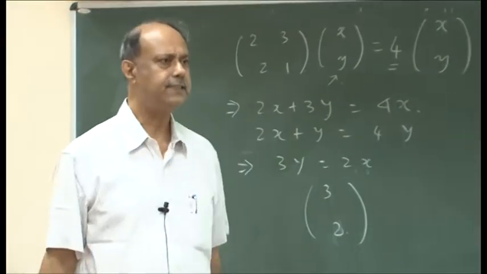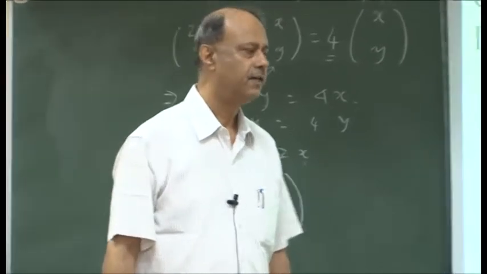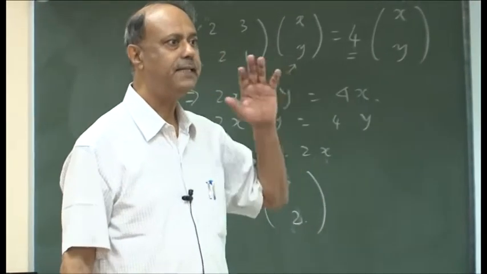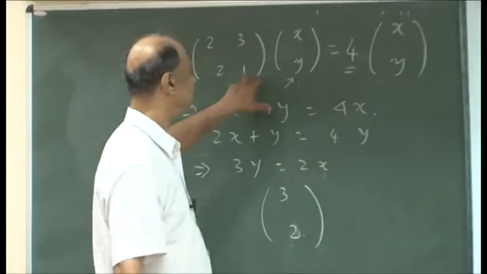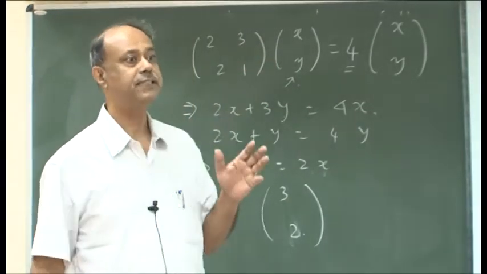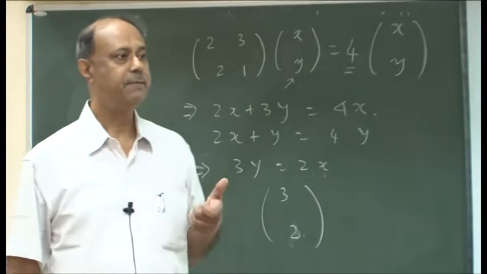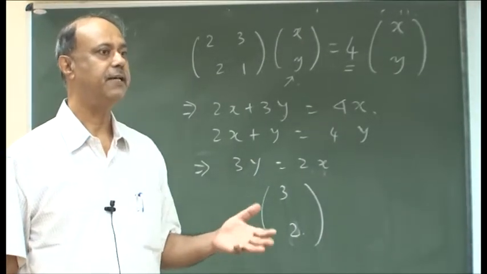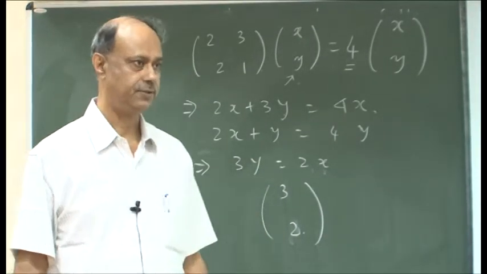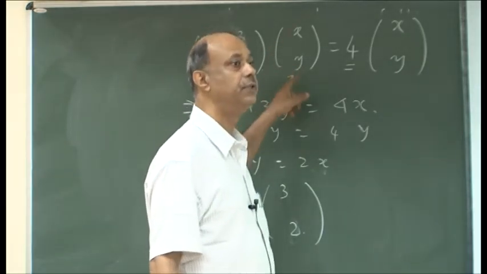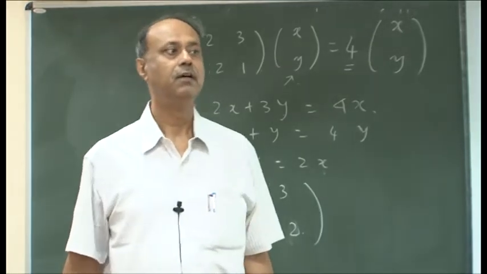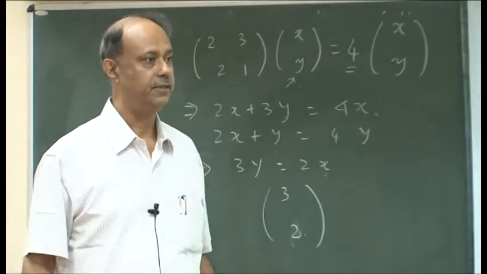See, it is not essential that the matrix should be a square matrix, but after multiplication you must get a square matrix, and the minimum dimension will give you that many eigenvalues, right. That means the size of this will give you the number of eigenvalues.